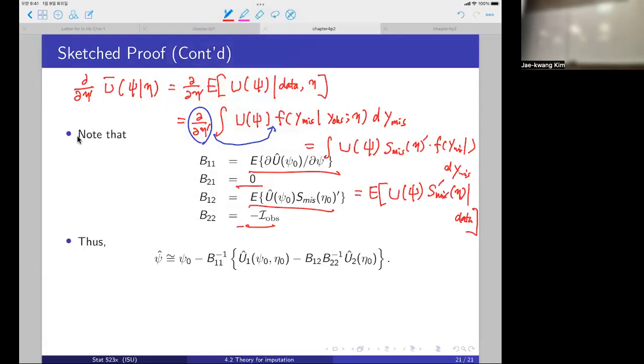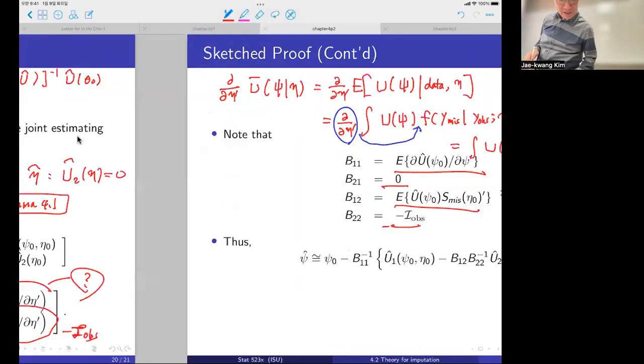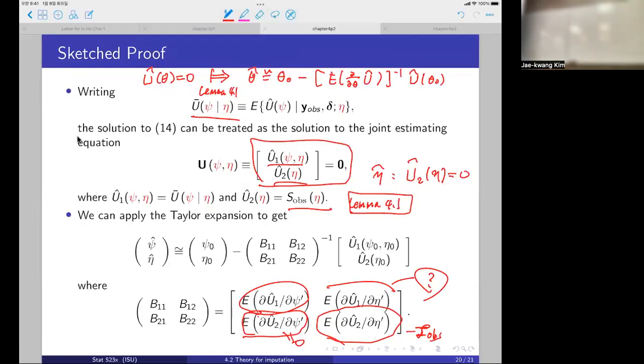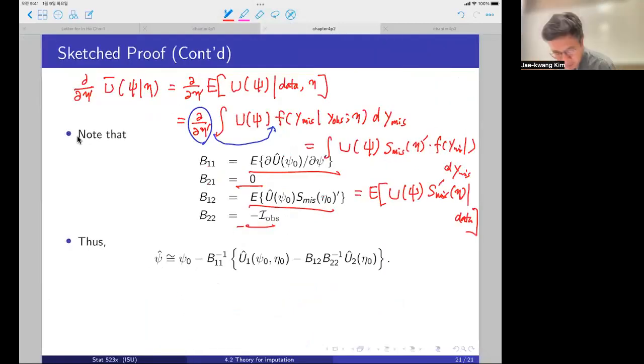Here, everything is evaluated at the fixed value, which is eta null. Yeah. Okay.